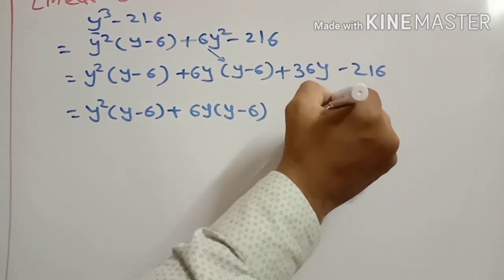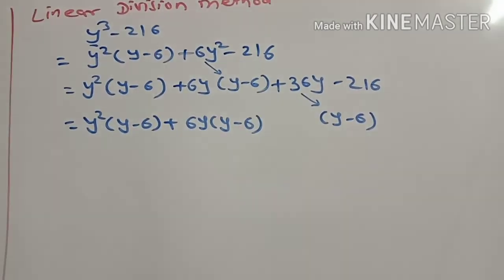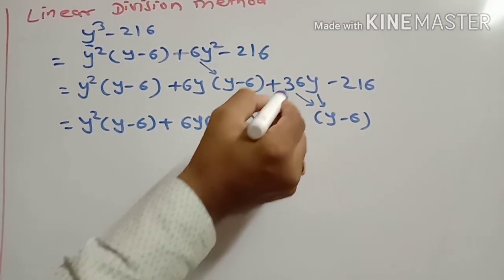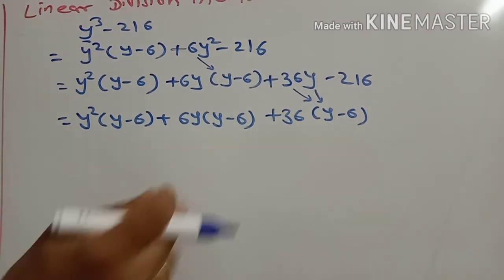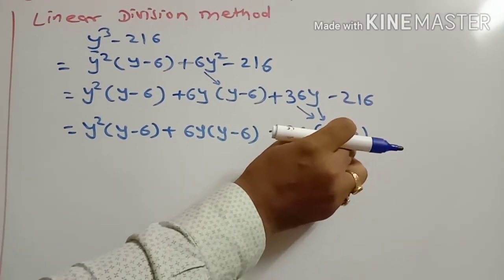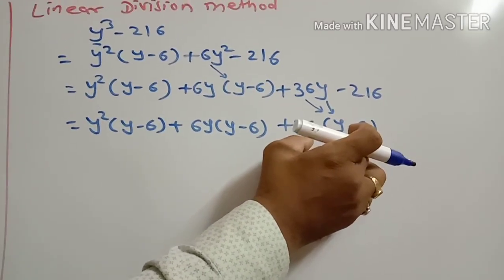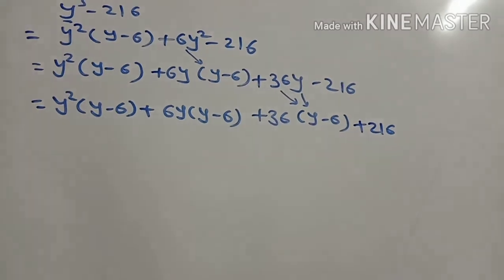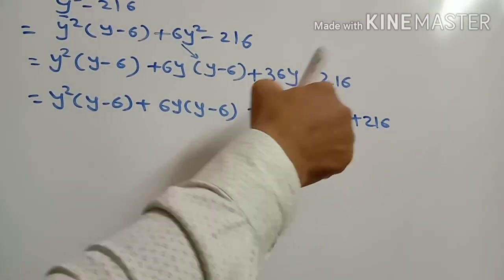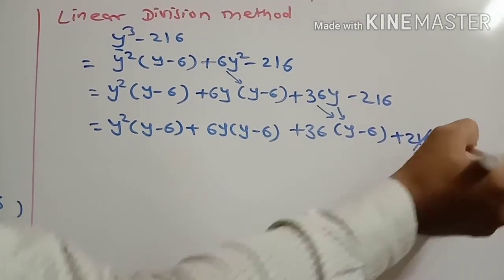Again after some distance I write the divisor. Now from this plus 36y I write y in the bracket. The remaining is plus 36, I write here. Then plus 36 into minus 6 is minus 216. Write the opposite of minus 216, that means plus 216, and the remaining term is minus 216, and both get cancelled.